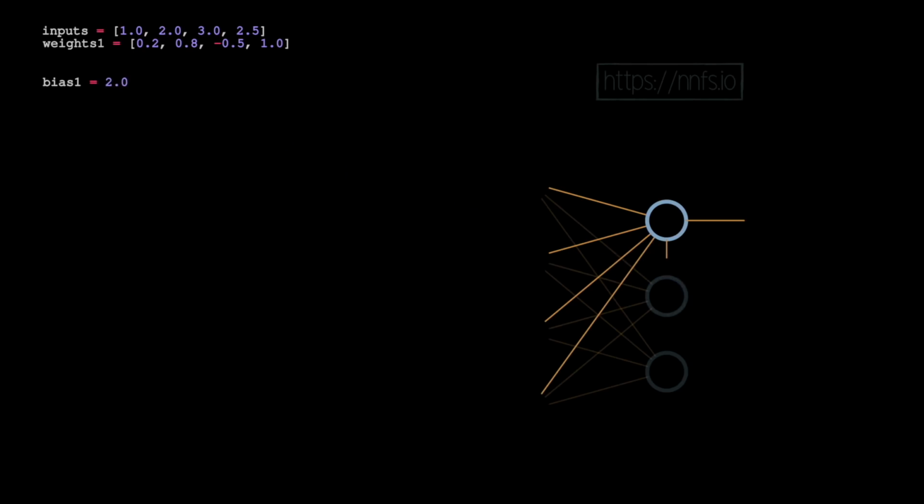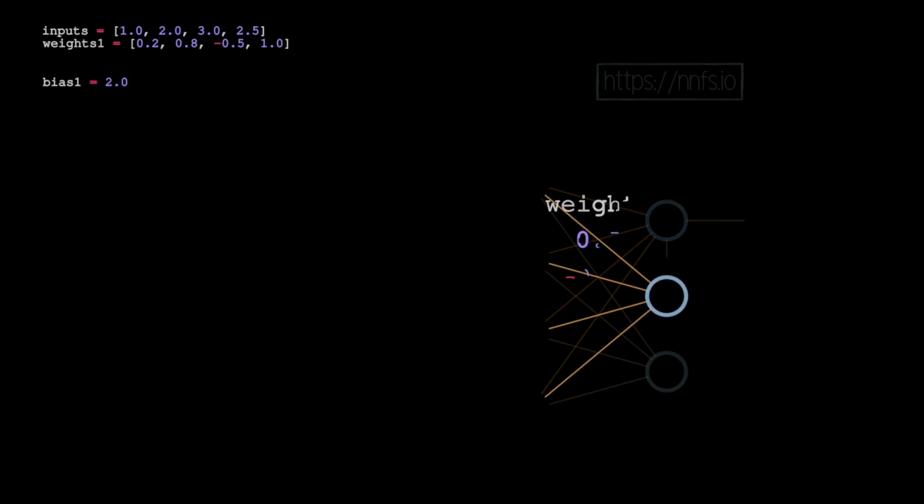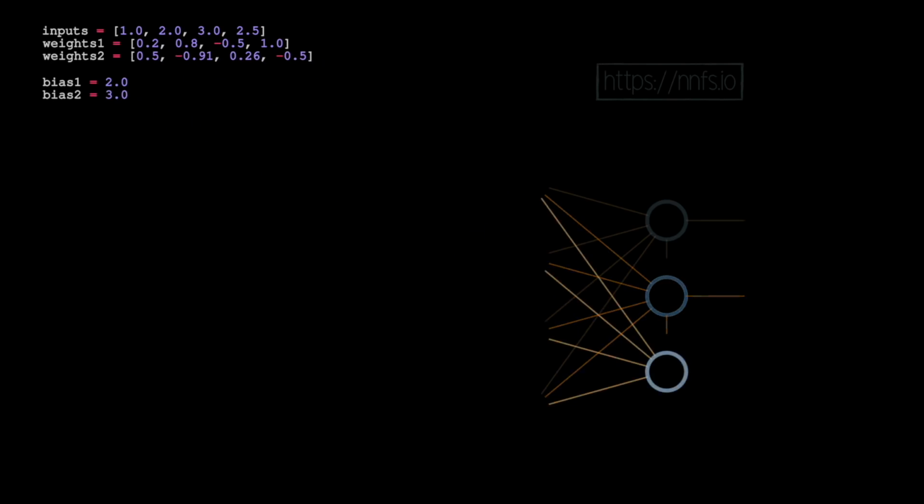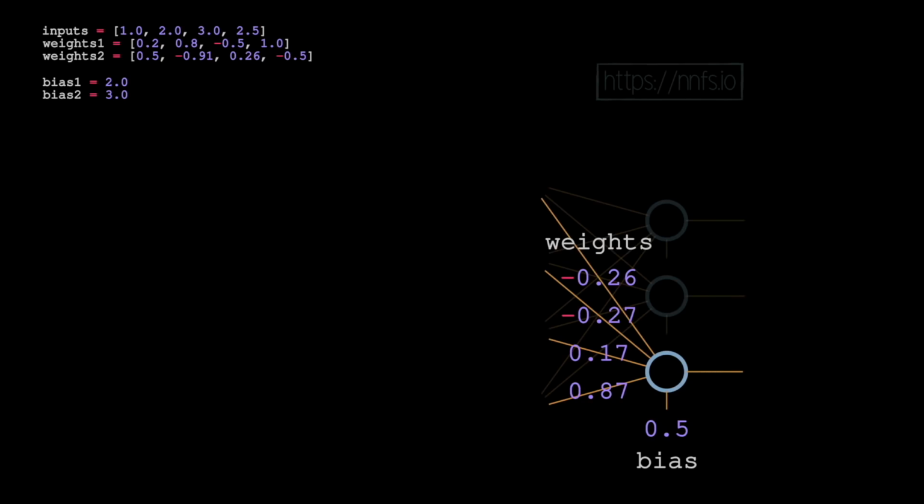So when modeling for the first neuron, you've got your weight set 1. Your second neuron is going to have your weight set 2, and it's also going to have its own bias. And when modeling for neuron 3, again, its own unique weight set, its own unique bias, and it will also have its own unique output, same with all of the other neurons.